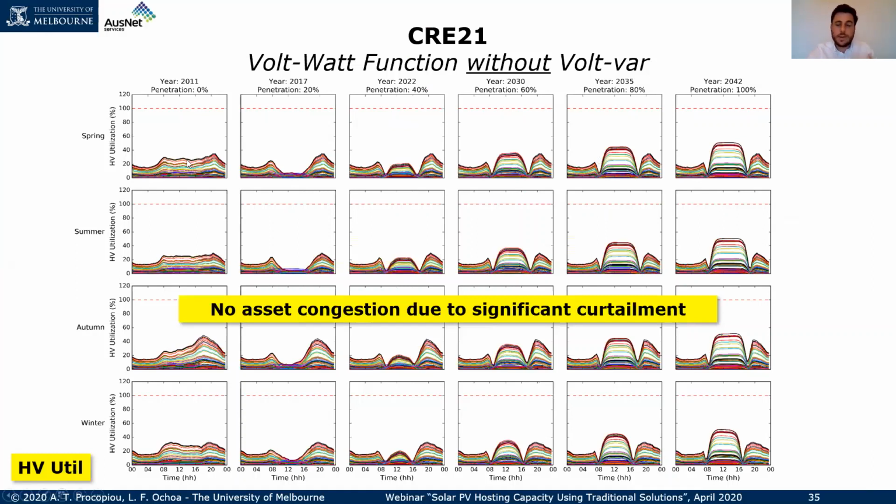Of course, you can see at 0% penetration, we have this specific utilization level that goes up to 35%. And once we have PV systems in the network, naturally, because we are generating power at the customers' locations, that reverse power flow of generation is consumed locally, and therefore is reducing the utilization level of the assets.